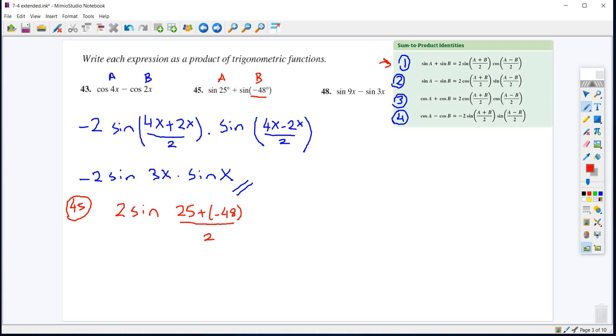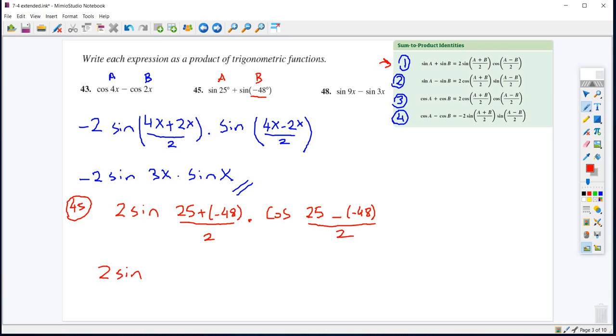That's what we have for the first part. And it says cosine a minus b over 2. A is 25, b is negative 48, so negative 48 over 2 is what we should have here. We'll just do the math, and that's it.